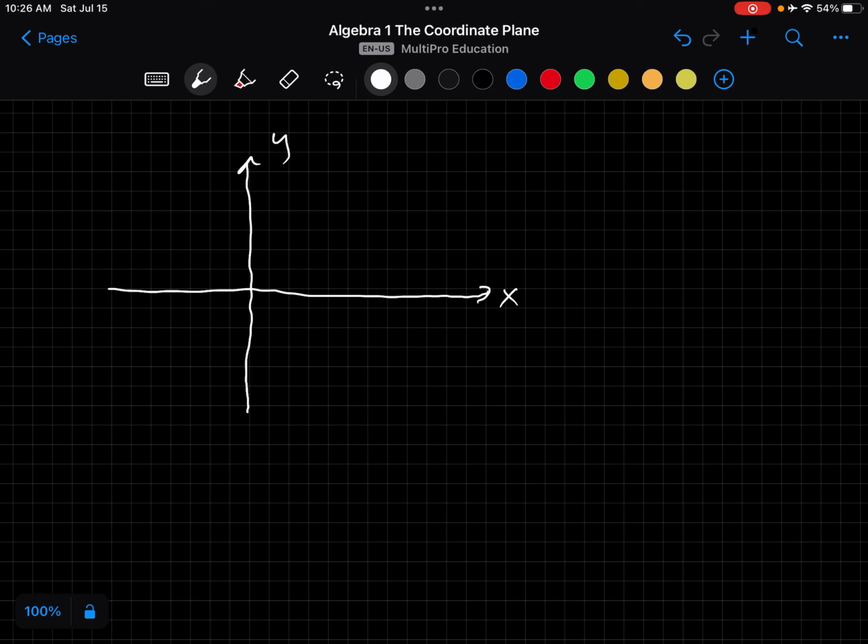Okay, and if we look here, this is the origin that we talked about. This is where the x and the y axis cross, right here. Okay, so that is the origin. And this whole thing is a coordinate plane.